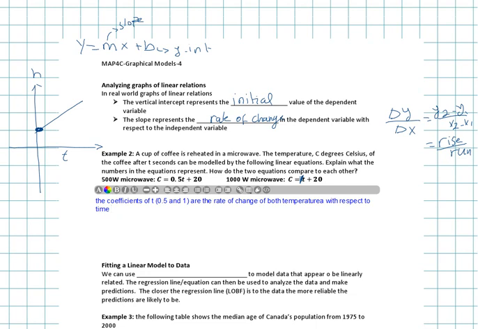So we have 0.5 degrees Celsius per second in the 500 watt microwave, and 1 degree Celsius per second in the 1000 watt microwave.